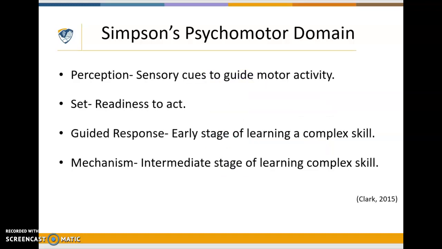In Simpson's psychomotor domain, perception is sensory cues to guide the motor activity. Set is the readiness to act. Guided response is early stages of learning a complex skill. And then mechanism is intermediate stage of learning a complex skill.